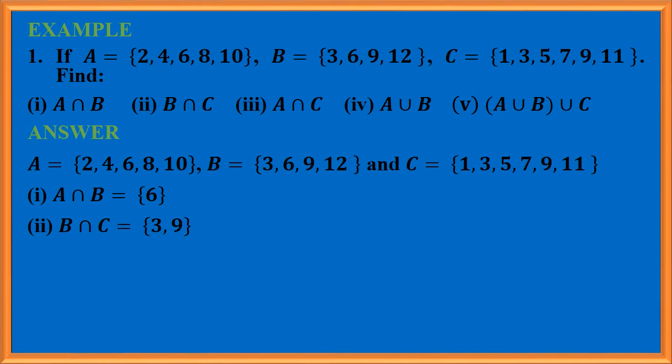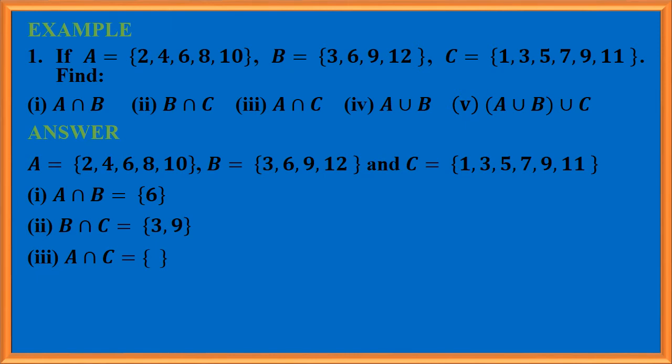Then to find A intersection C, this A and this C, we have 2, 4, 6, 8, 10. Then we have 1, 3, 5, 7, 9, 11. We can see that there is no element which belongs to A at the same time C. So A intersection C becomes a null set.